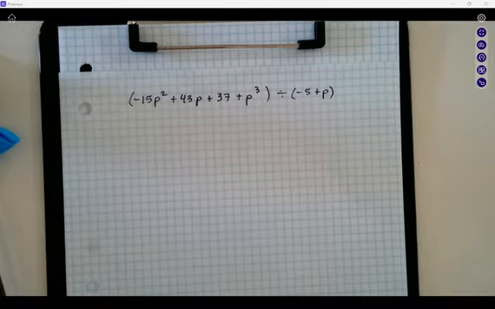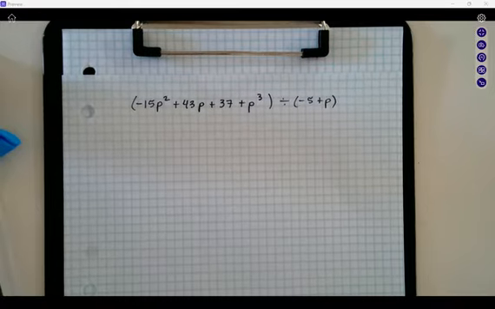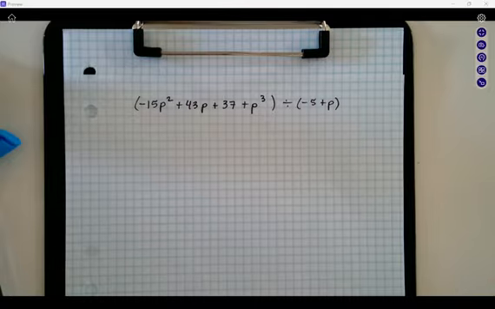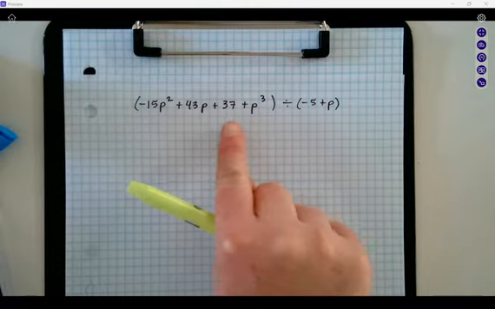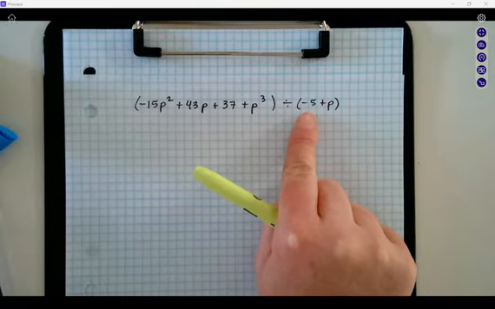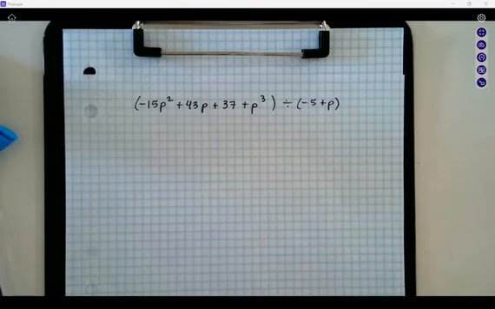So in this problem we have open parentheses, negative 15p squared plus 43p plus 37 plus p cubed, close parentheses. All of this is being divided by negative 5 plus p. So before we even start to divide, we've got to check for two things.